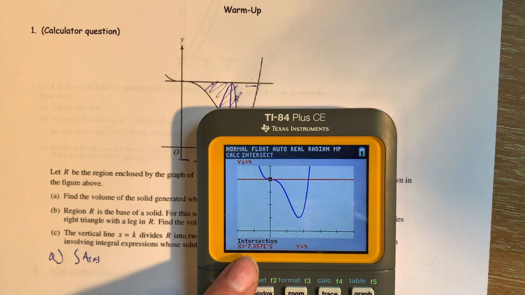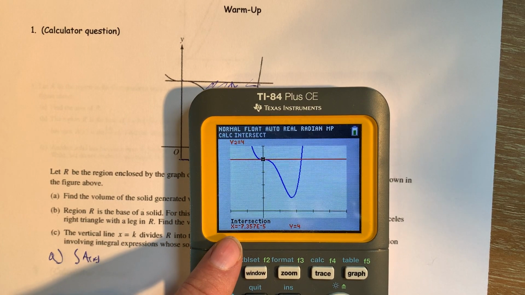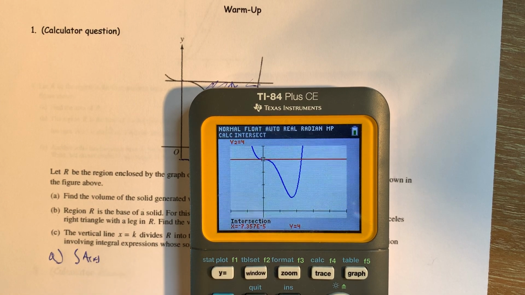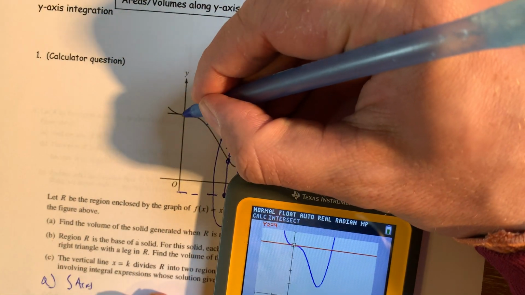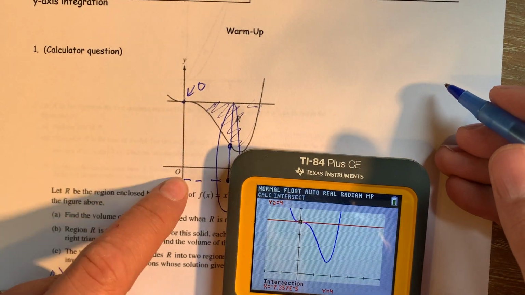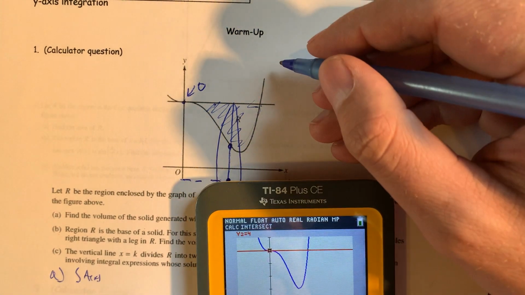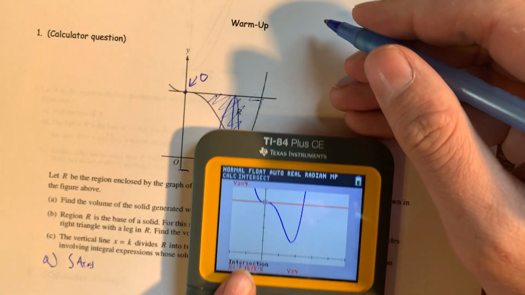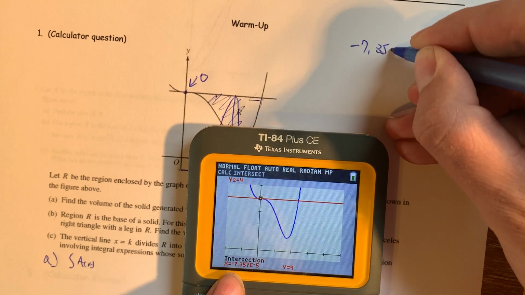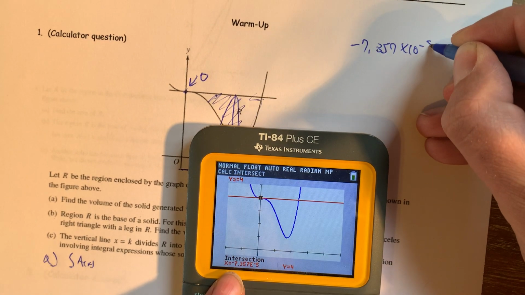On mine, it'll tell you a different thing on your calculator. It says x equals -7.57 e -5. Be really careful with this. This intersection is 0. Clearly this is at 0, right? Your calculator sometimes struggles, and that's why we round to 3 decimal places. -7.357 e -5 means times 10 to the -5th.